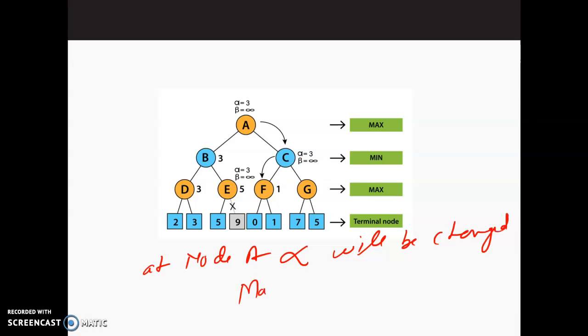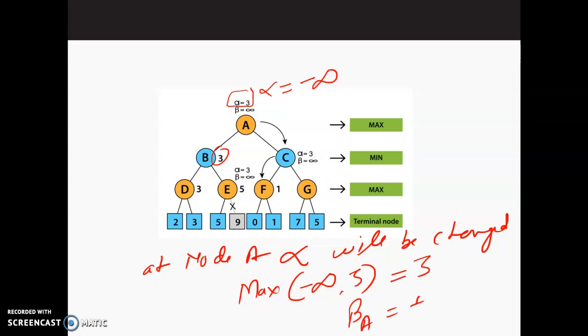Initially the value of alpha at node A was minus infinite, so minus infinite comma 3, because 3 is the value here. So we will get alpha max, that is maximum is 3, so alpha is 3 now. And there is no change in the beta value, so beta will be plus infinite, because max means we are finding only for alpha and min means we are finding for beta.